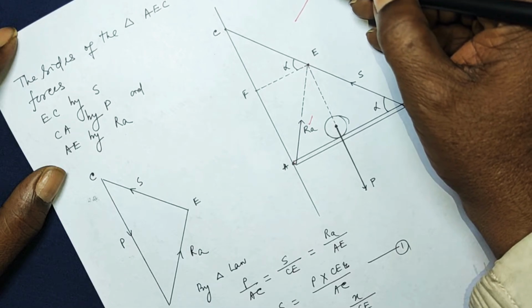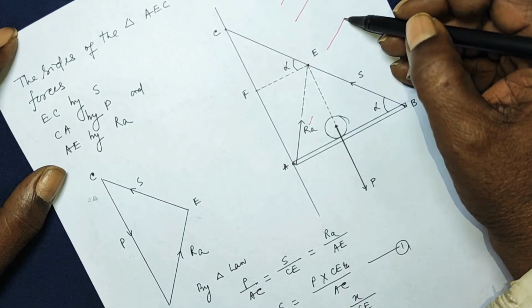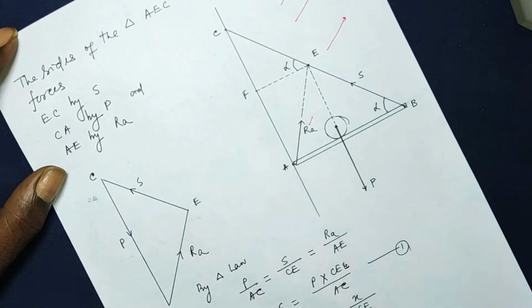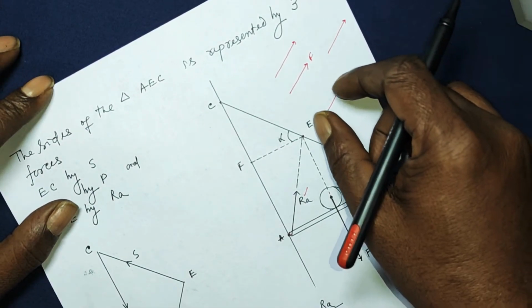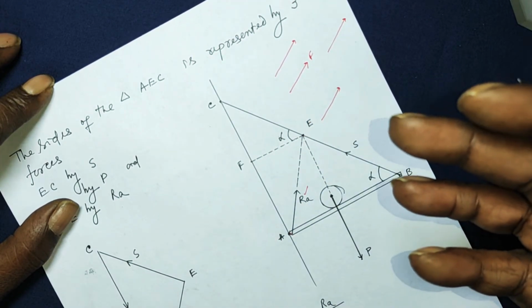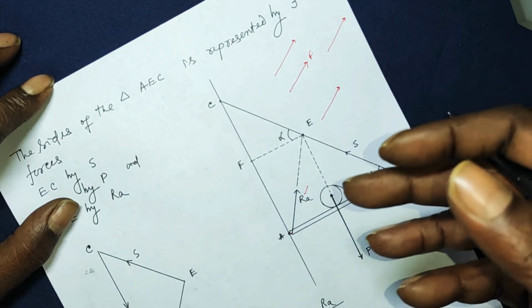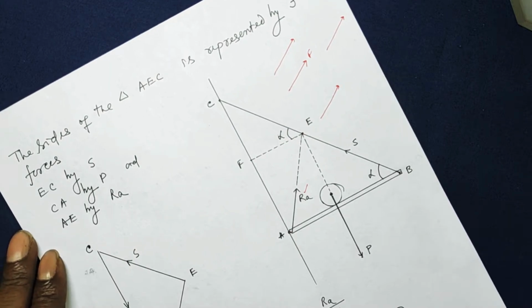If this is a force F, you can shift it here, here, here, so long as you don't change the length of the vector, which represents the magnitude, and so long as you don't change the direction, you can shift it anywhere in space. That is the property of vectors.